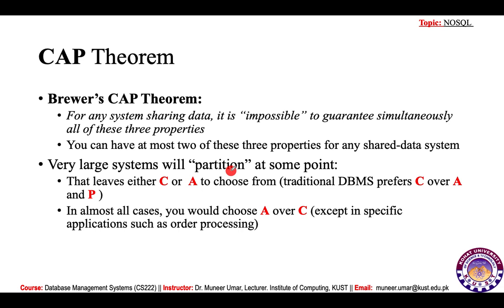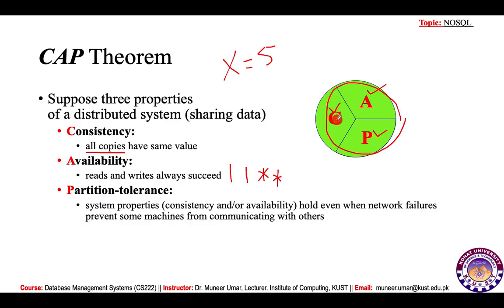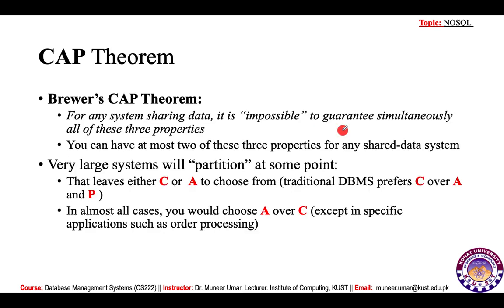It states that for any system sharing data, it is impossible to guarantee simultaneously all of these properties. These properties must be guaranteed, but it is not possible for a system to guarantee all three properties all the time. So this is the main thing in Brewer's CAP theorem.